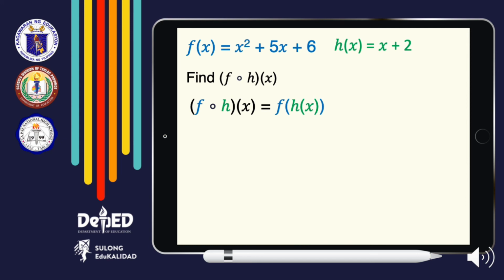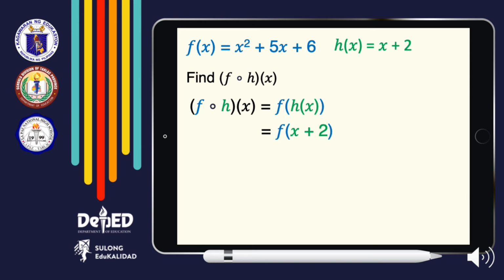So the idea here is we have to substitute a function to another function. Now let's substitute. What is h of x from the given? That is x plus 2. So we replace h of x by x plus 2.